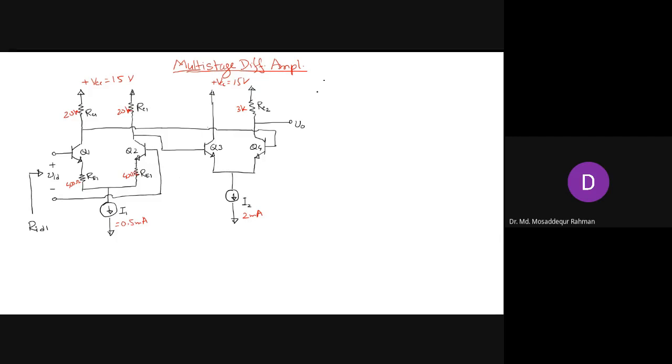First I'll go through that again, just the gain part. What was the overall gain for this differential amplifier?